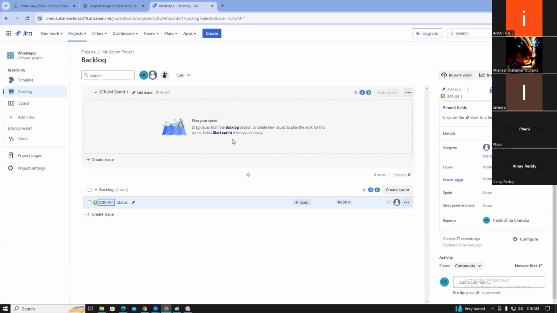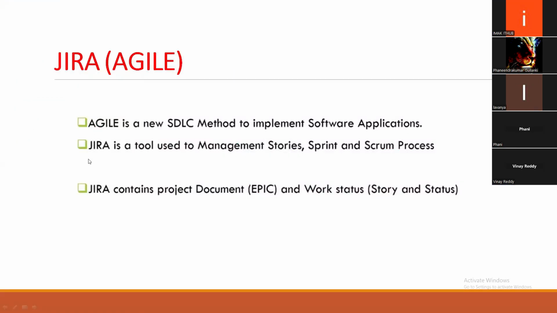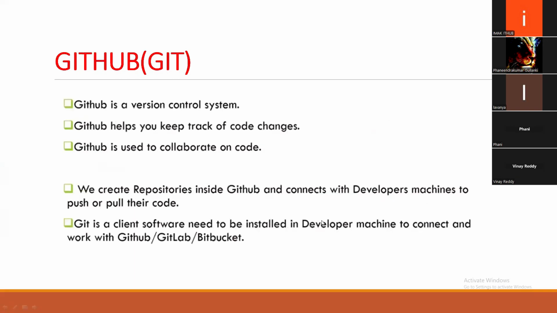Nice, understood? So this is nothing but Jira, Scrum, or sprint. Jira is a tool used for stories, sprints, and the Scrum process. Jira contains projects, documents, and epics, stories and statuses.